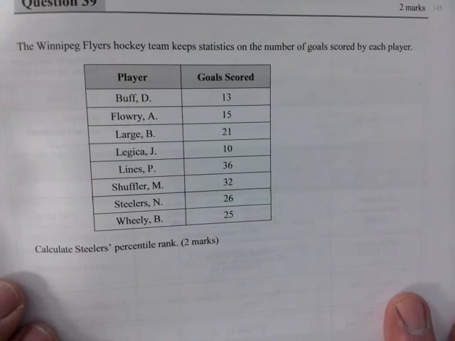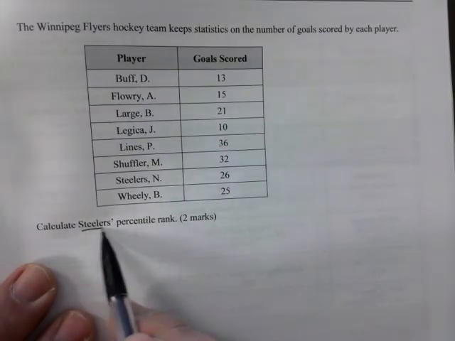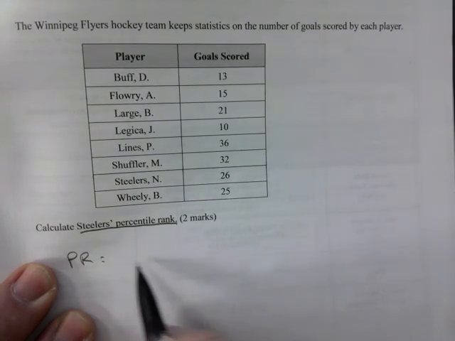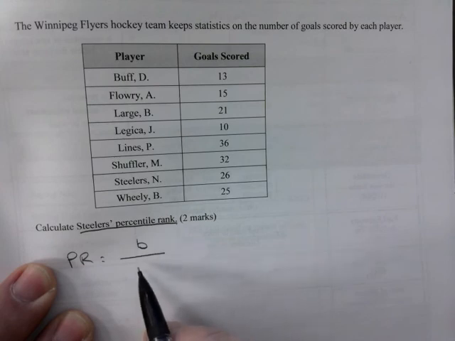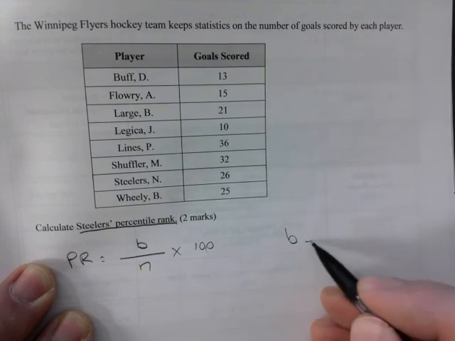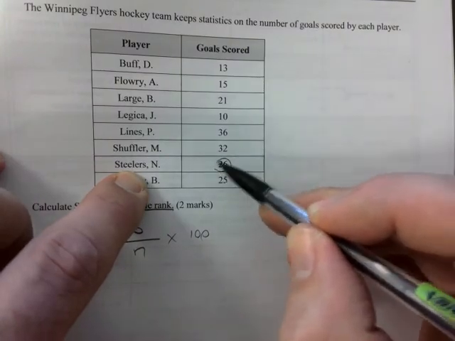The Winnipeg Flyers hockey team keeps stats on the number of goals scored by each player. Calculate the Steelers' percentile rank. So percentile rank is B, which is the number of scores below the one you're considering, over the total, times 100. So B, Steelers, you have to find Steelers, that's 26.